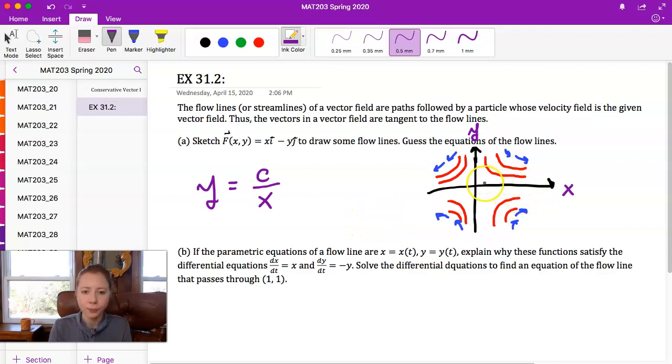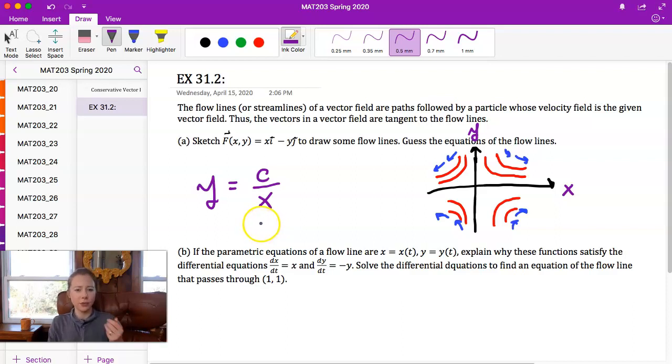And we want to find an equation of the flow line that passes through (1, 1). Well, we already determined that y is equal to a constant over x works for this. So I want you to find a case in which the flow line passes through (1, 1).